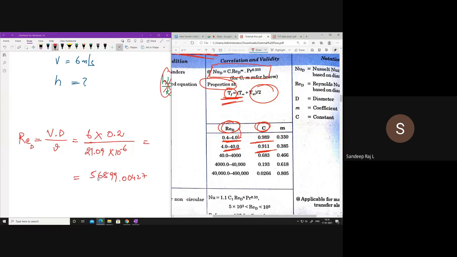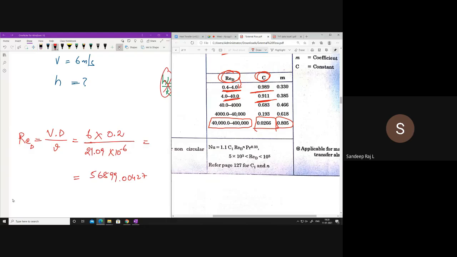So here the value is 56,000 and some. The Reynolds number value is 56,000 and some, so it will fall under this category, that is the 40,000 to 4 lakh category. In between 40,000 and 4 lakh, here 56,000 will fall. So the C value should be taken from these two.